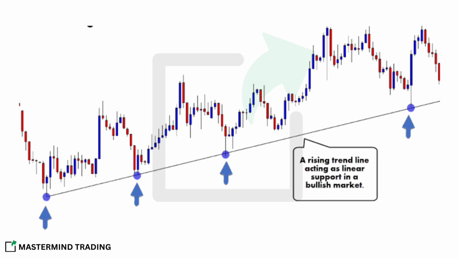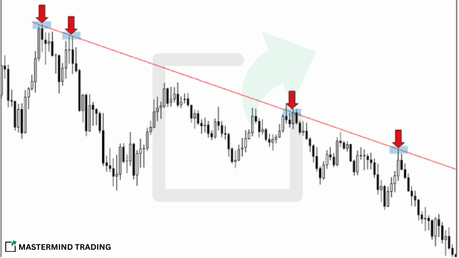While in a downtrend, the trend line serves as a resistance which pushes price down every time the price approaches that level. So in an uptrend, traders will be looking to buy whenever price approaches the trend line, buying it as support, while in a downtrend, traders will be looking to sell the trend line as a resistance level.